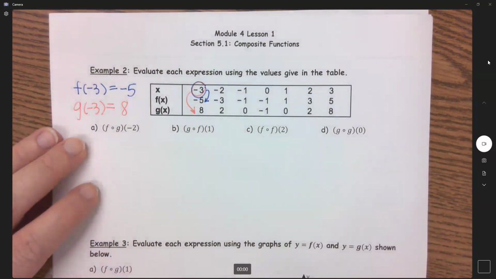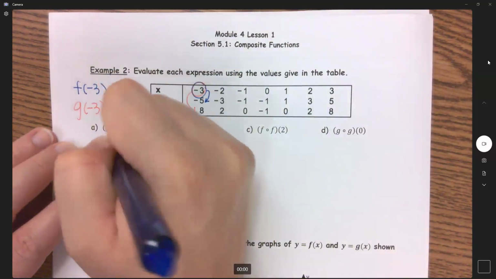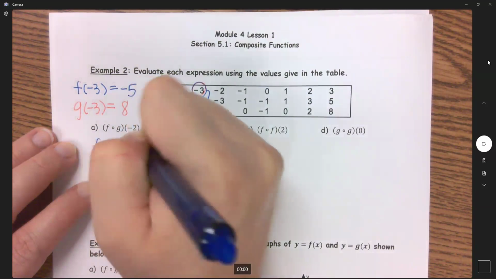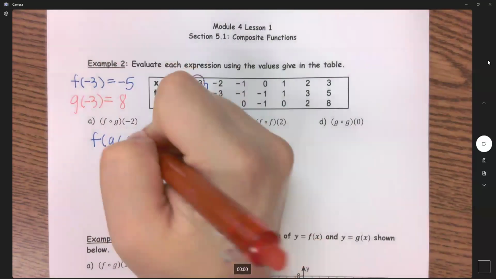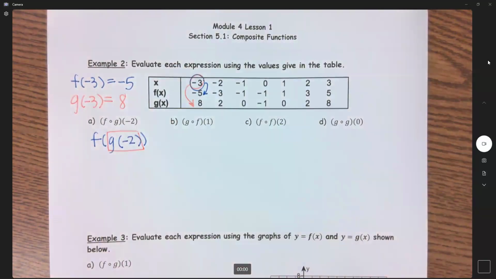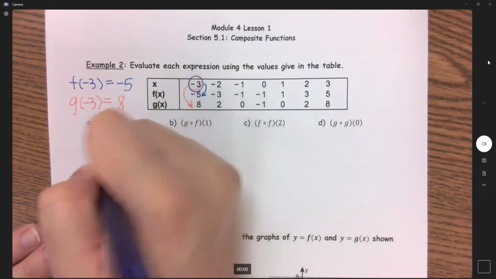Okay, so on part A, we have f composed of g of -2, so that is f of g of -2. So starting inside, first we need to evaluate what is g of -2.